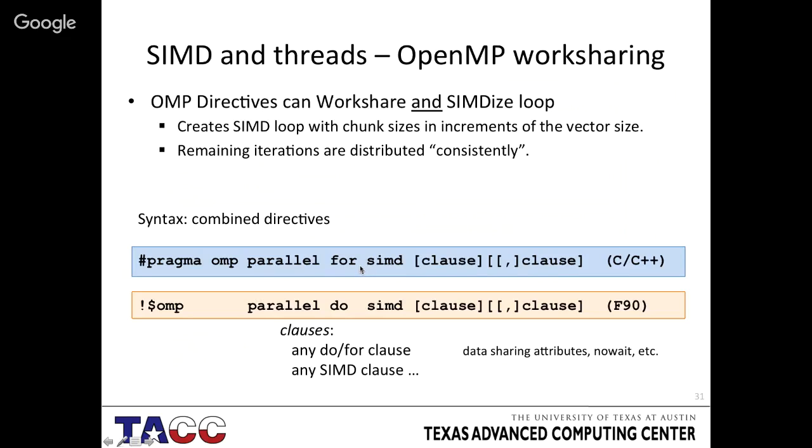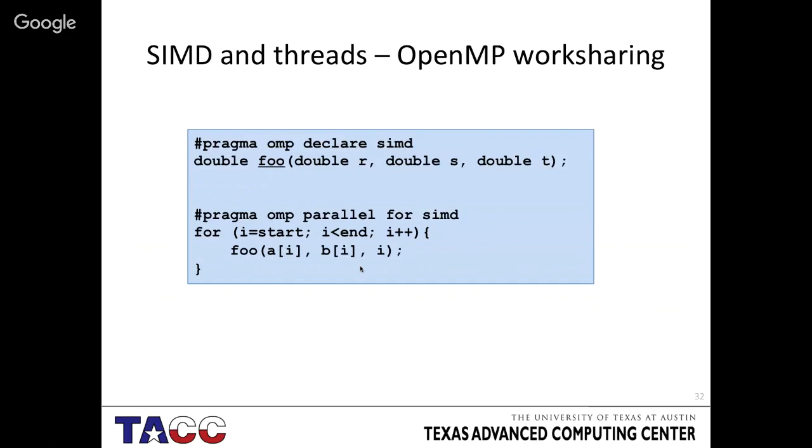All the stuff, or you might say baggage, that you get with the for directive or the do directive, you also get here. Here's an example of that. We have our simple loop down here, and here we just have the function. We've declared that that function is a SIMD function up here in our prototype, and down here we specify that this is OpenMP work sharing for, and that it's also going to be vectorized.